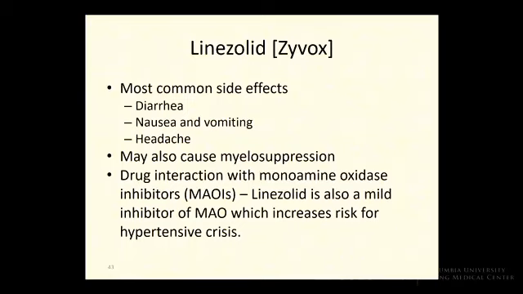But linezolid itself, the drug itself, is a mild inhibitor of MAO, which can increase the risk for hypertensive crisis. Okay? Monoamine oxidase is an enzyme that breaks down chemicals like catecholamines. And so when you block MAO, you increase the half-life of things like epinephrine and norepinephrine, which can increase the risk for hypertensive crisis.